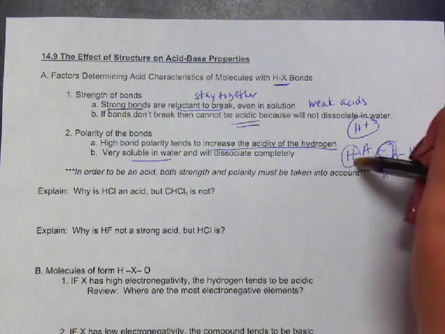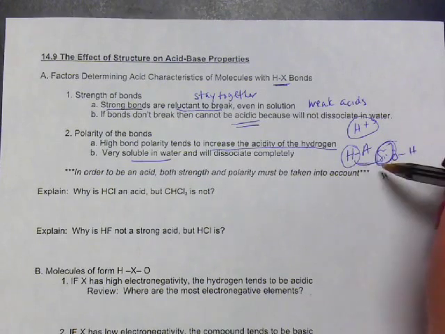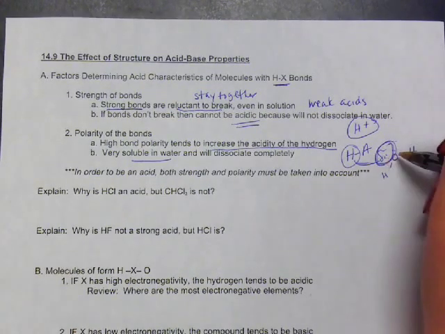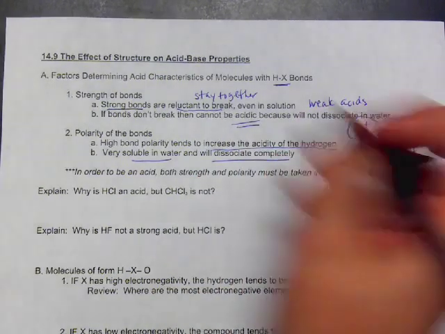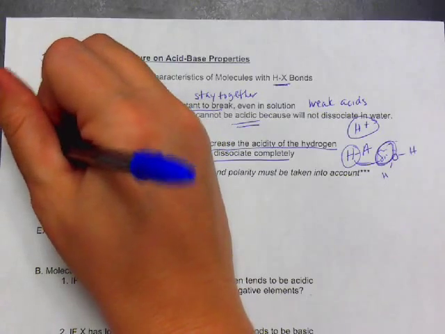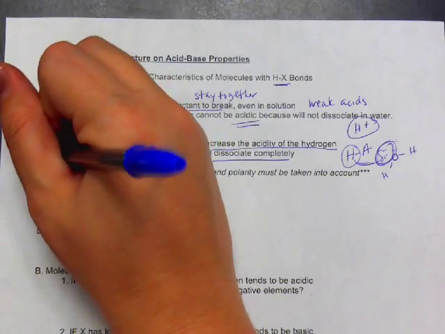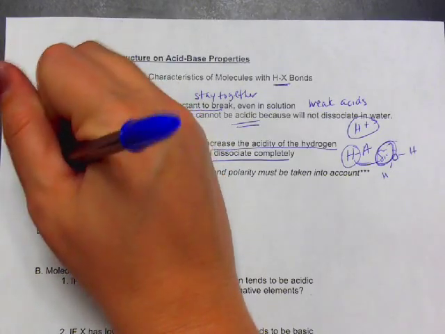If it's very polar, they're going to have greater attraction to each other, and so that will make the strength of the acid higher because it will dissociate more. So a high polarity will give us a stronger acid.